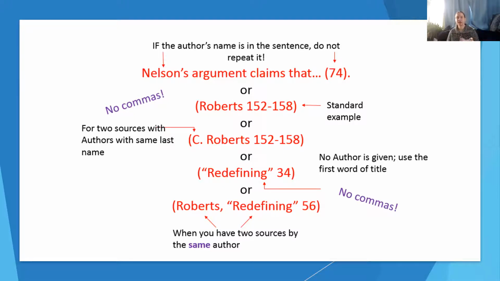You'll have the author last name, comma, first word of the article, just the first word in quotations, and then that page number, close parenthesis. So these are some pretty solid examples for you to be following and for you to see. I should have these up and available for you with this lecture.